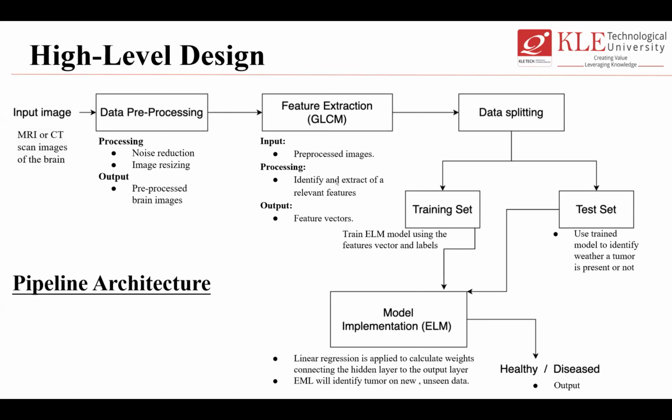After feature extraction, we split the data into a training set and a testing set. We train the ELM model using feature vectors and labels. We then perform the testing, and the model implementation is done using ELM. Next, we get the output as healthy or diseased.